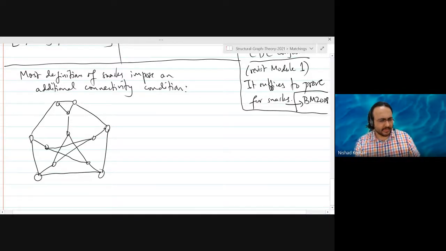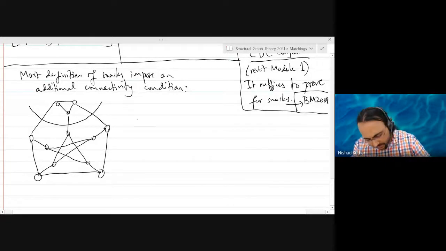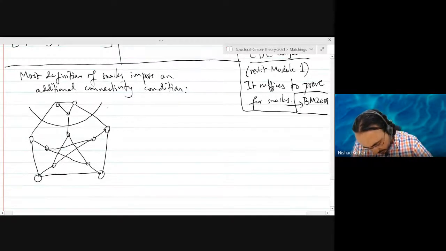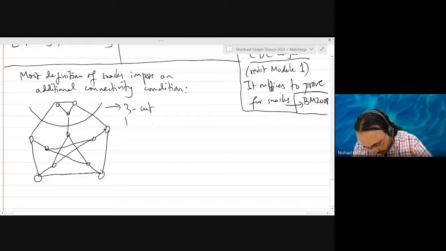All you have done is you have replaced a vertex by a triangle. Okay, so it turns out, in fact, you can do something more general. You can look at these three edges. And what is this? This is a three cut. This is a three cut that is non-trivial.